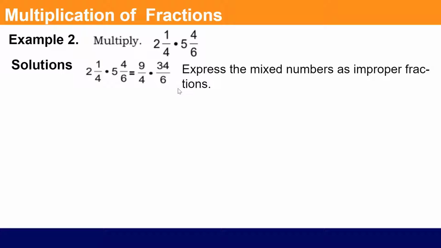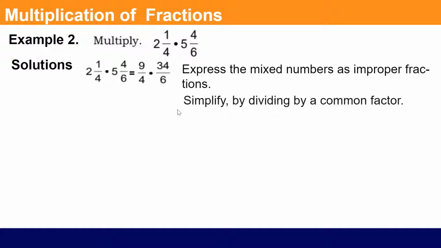Ayan. So, pwede na po nating i-multiply. So, simplify by dividing by a common factor. Okay. So, paano po? Pwede po natin siyang gamitin or pwedeng gamitin ang cancellation method kasi meron pong common factor. Like for example, 9 at saka 6. Okay. So we have the common factor between 9 and 6.